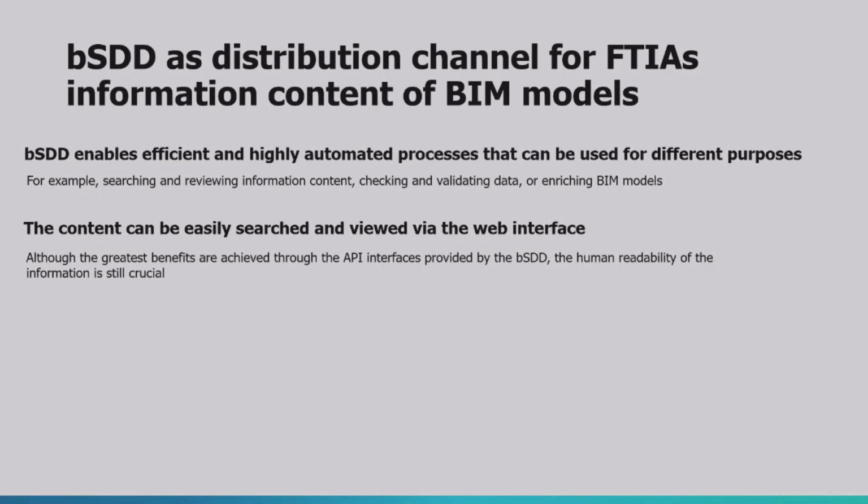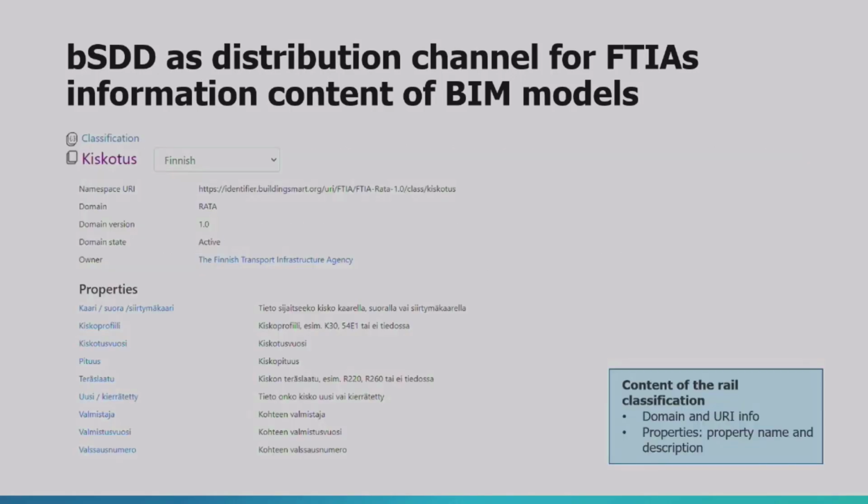So here we have a screenshot from bSDD's web interface, where we can see one of these rail objects or classifications in bSDD. And in this case, I'm sorry it's in Finnish, but we are speaking about the rail classification.